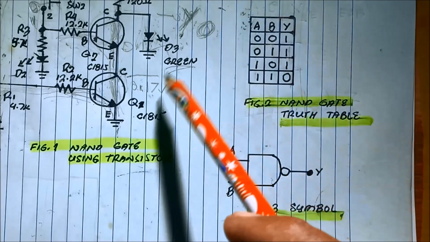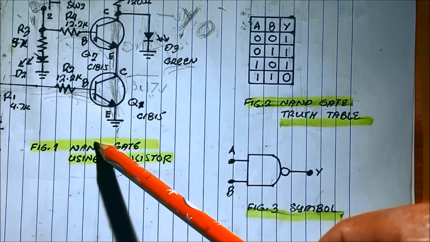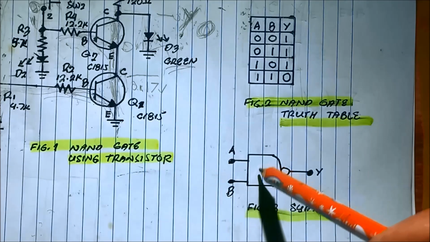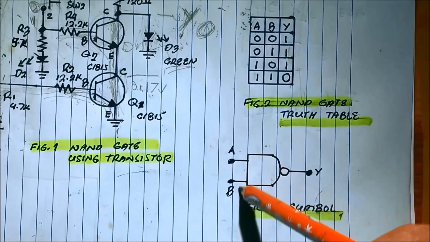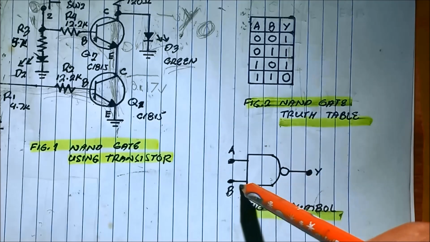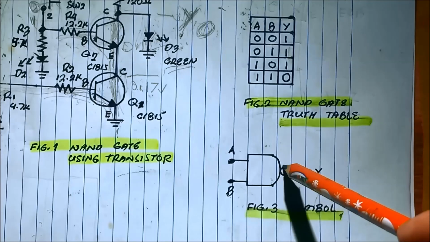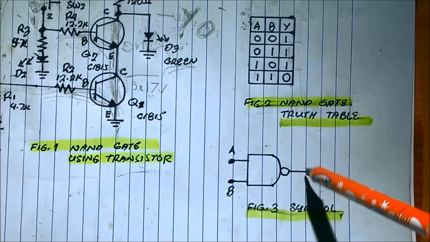Because the NAND gate is the inverted version of an AND gate. So the symbol looks like an AND gate with a bubble at the output.